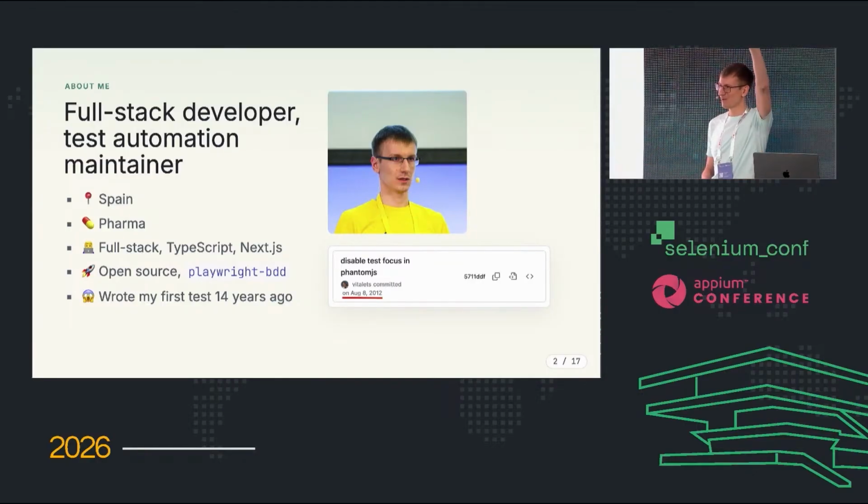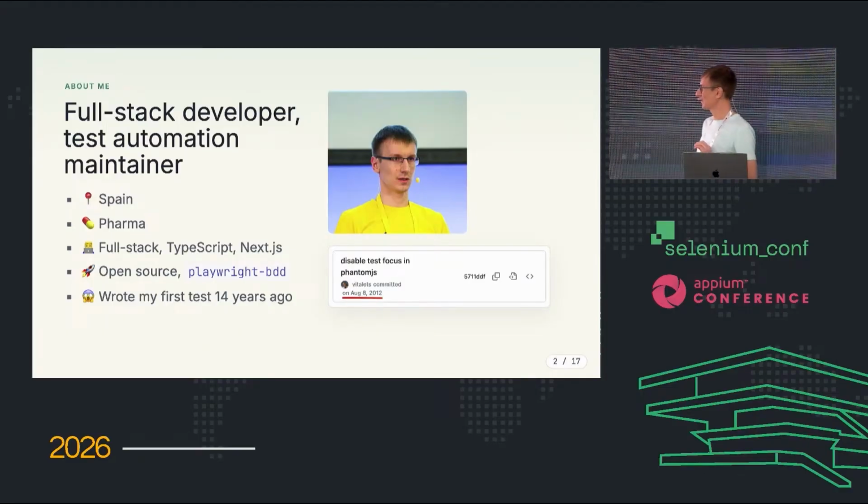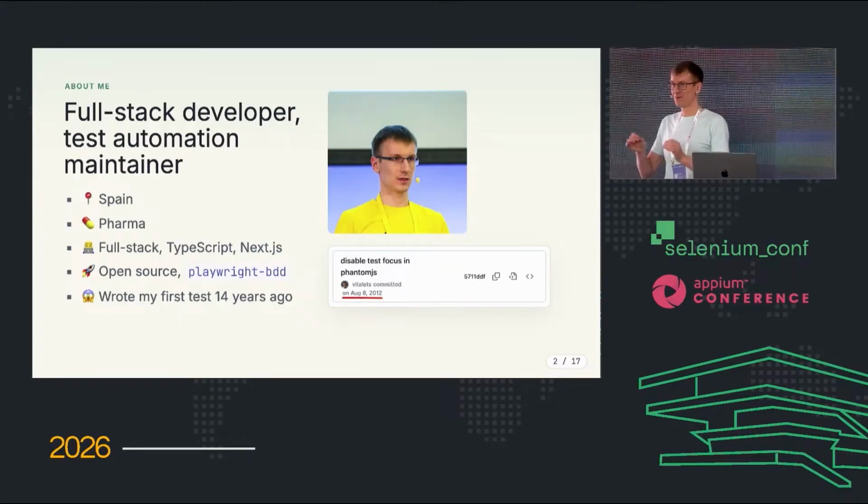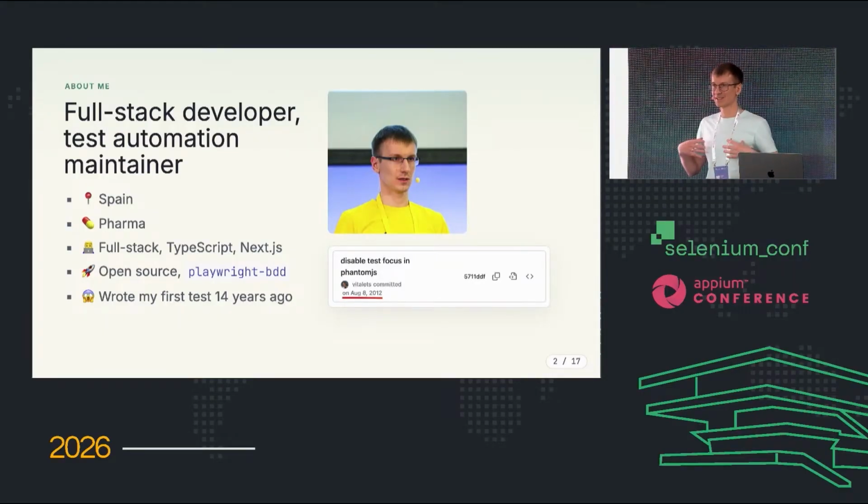Does anybody remember Phantom.js? Okay, a few people. Frankly, I remember this feeling when I realized that I can automate a browser with just a script. I write a script, there is no actual browser window, but I can do things inside the browser. And it was so exciting.